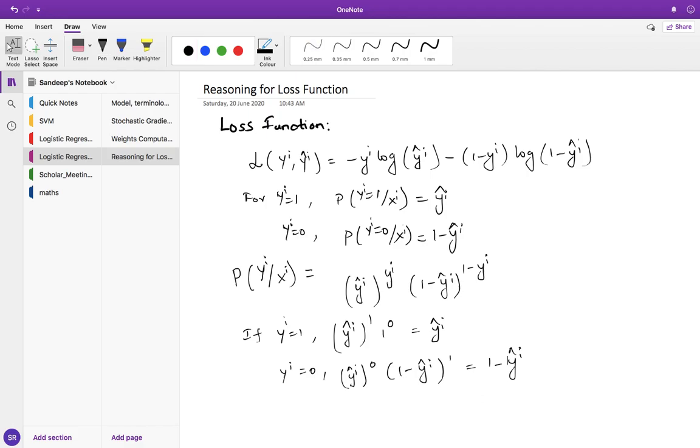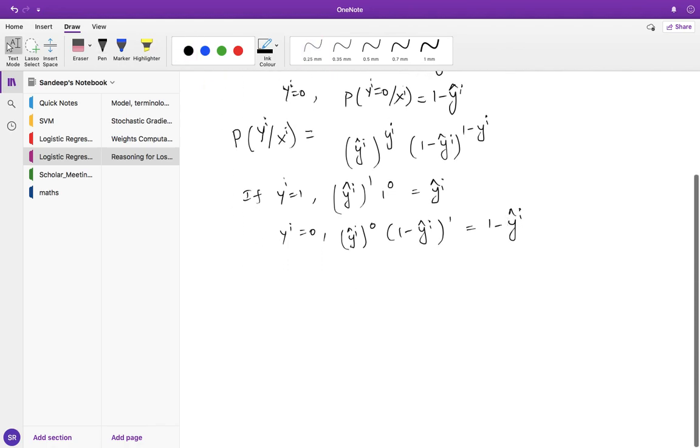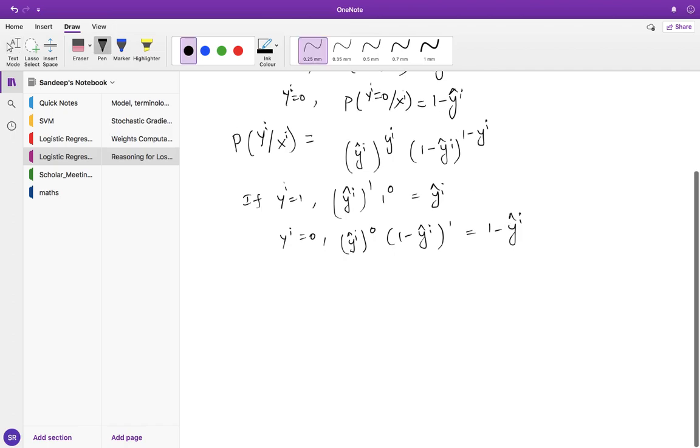Now until here, we got the probability of the ith example for a given input xi expressed like this. So let us see how we get the loss function and the corresponding cost function. First let us take the logarithm on both sides.